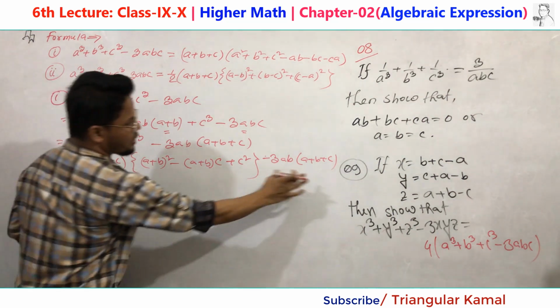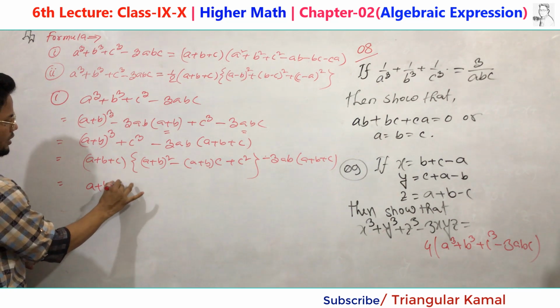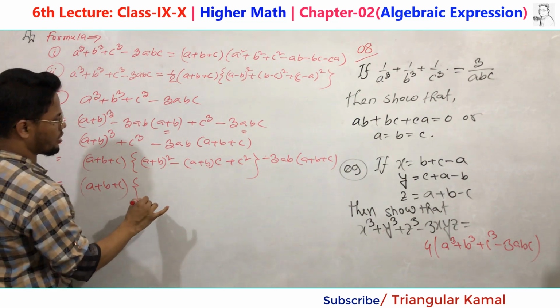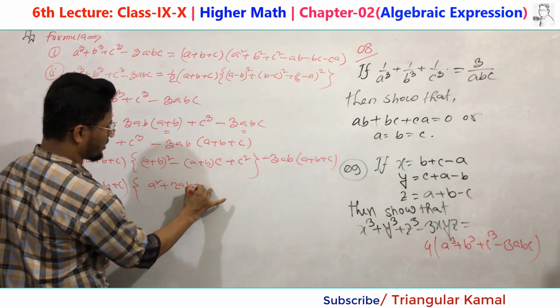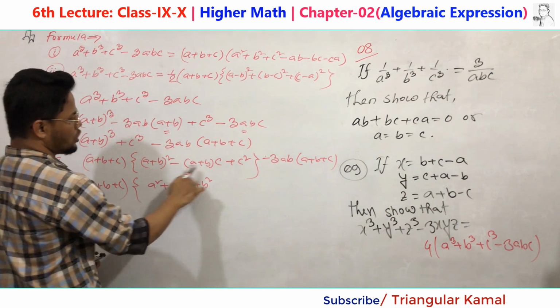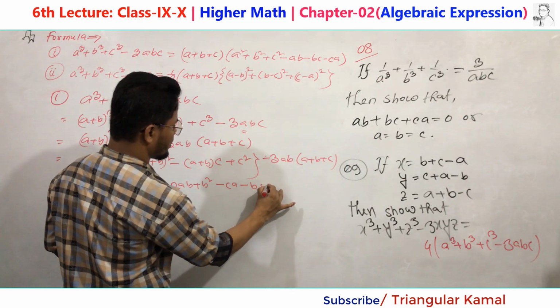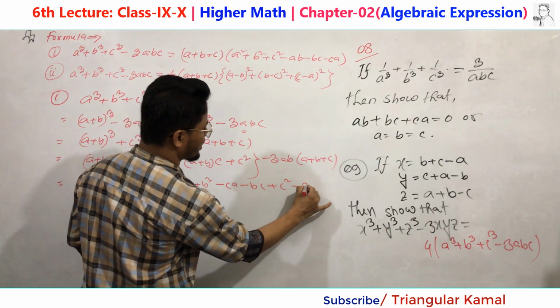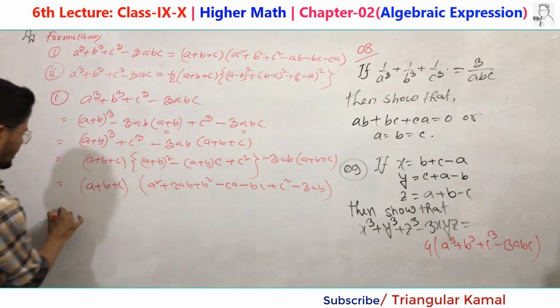A plus b plus c is common from the two sides. The remaining here is a square plus twice ab plus b square, and multiply here minus ca minus bc plus c square, here minus 3ab. This one will be the first bracket.